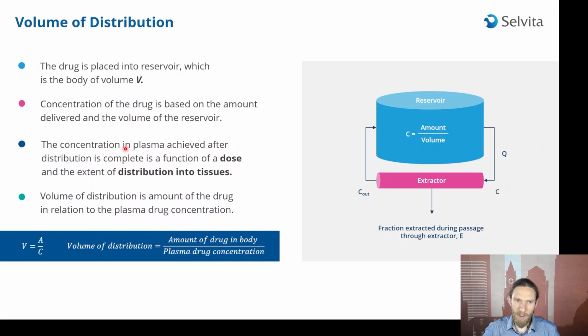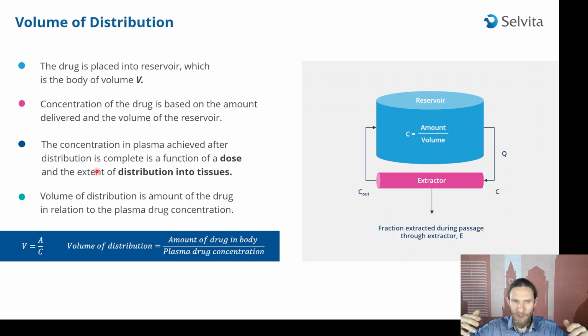After the distribution phase is complete, the concentration is a function of the dose and the extent of distribution into tissues. We can imagine that when we administer the drug and some of the drug gets absorbed and distributed in the peripheral tissues, then the concentration in the plasma drops.